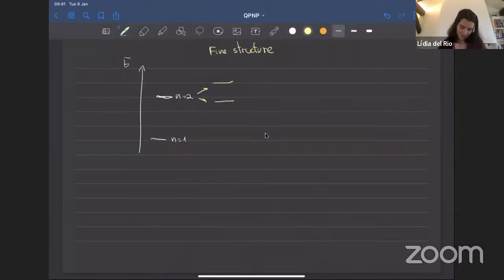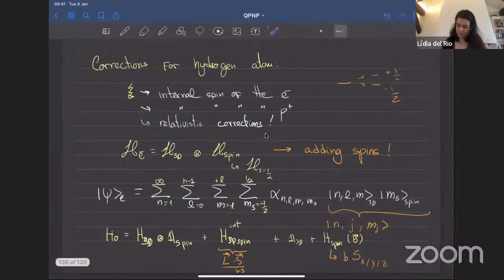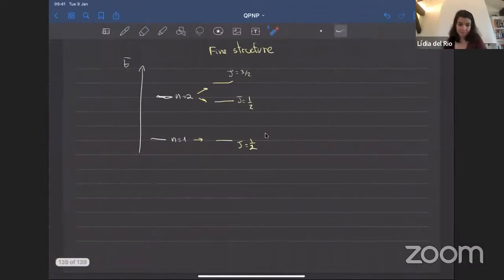So this one splits into two, and this corresponds to these subspaces. Right, I told you here, how can we write this in terms of a new quantum number? That's J, that is a subspace of the combined spin.